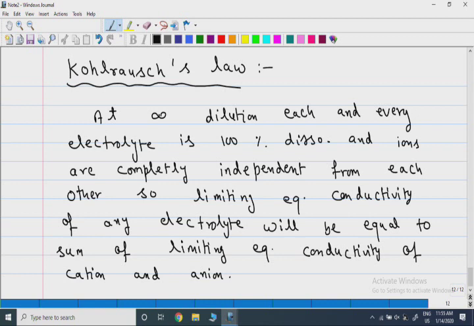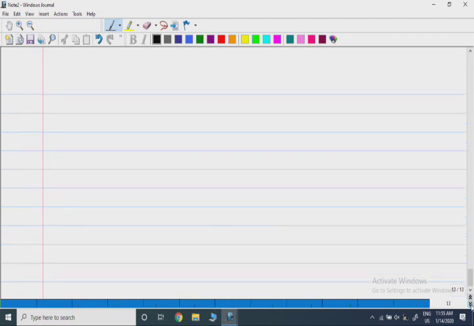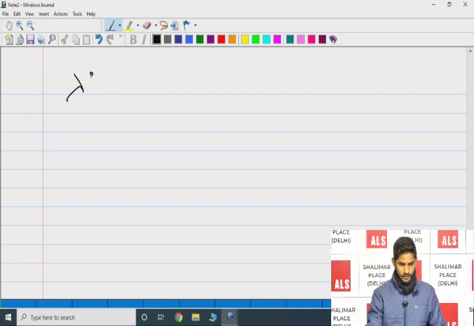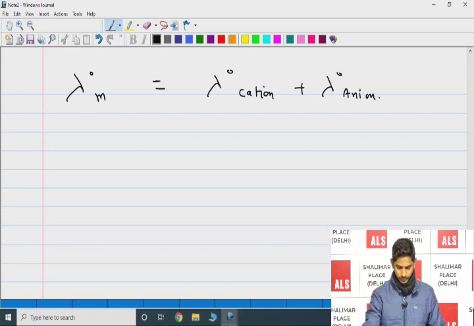Okay, so let's move on. We can say lambda naught m can be written as a sum of lambda of cation plus anion for the electrolyte.